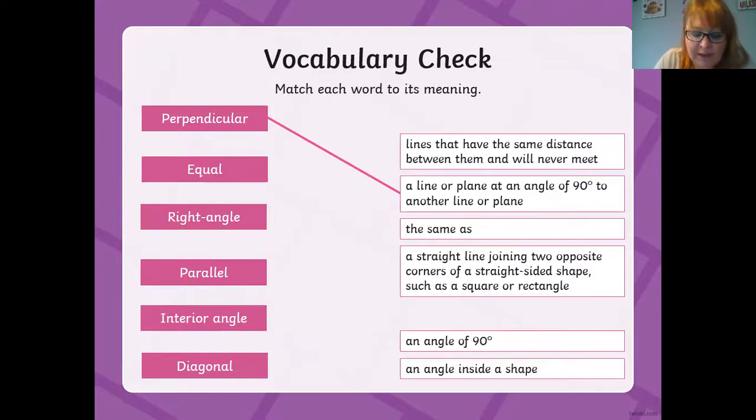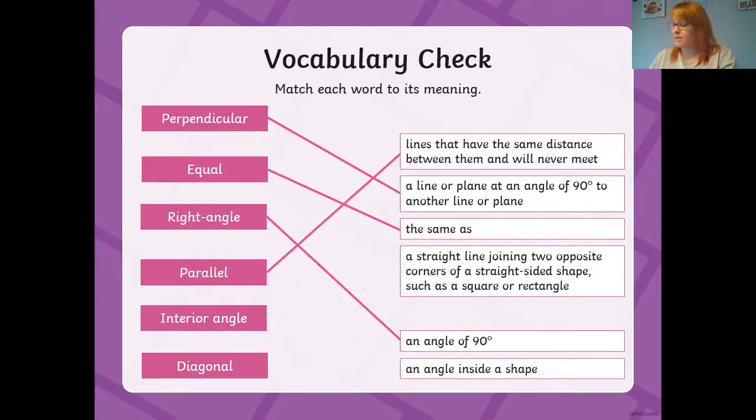So then the next one, equal, meaning the same as. Right angle, so an angle of 90 degrees. Parallel, so lines that have the same distance between them, but they will never meet. So think of your tram lines. Again, they could be that way, they could be that way. But the important thing is that they are the same distance apart, so they're never ever going to meet.